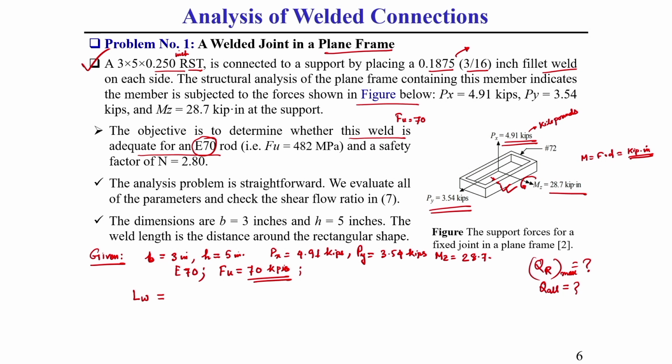You can easily find the total length of the weld, which is 2b plus 2h. So, 2 into breadth means 3, plus h means 5, so you can say 16 inch. This is the total weld. Now, another thing we need to find out is Iz.